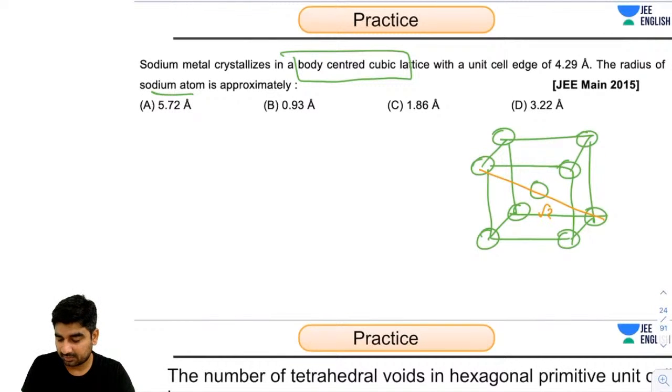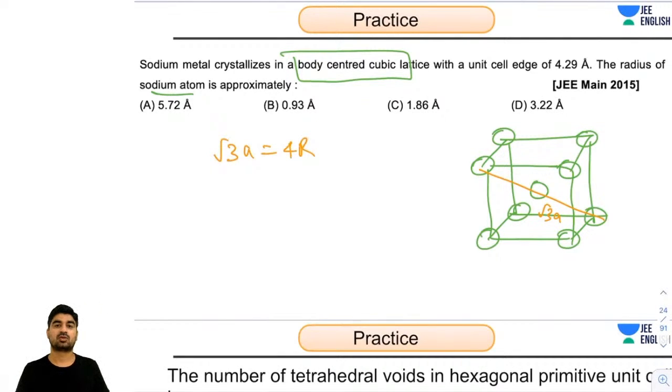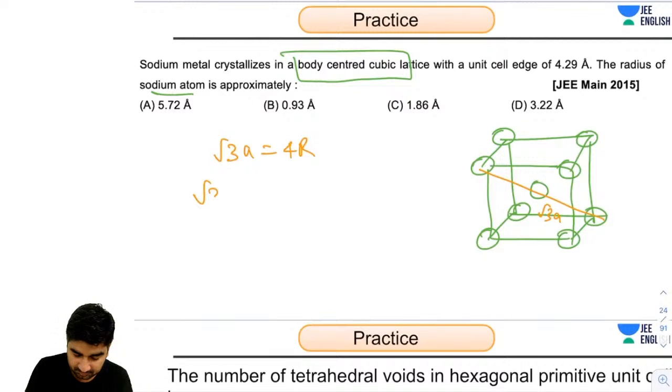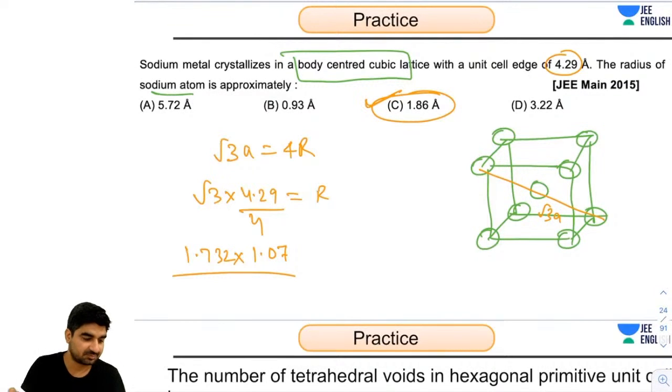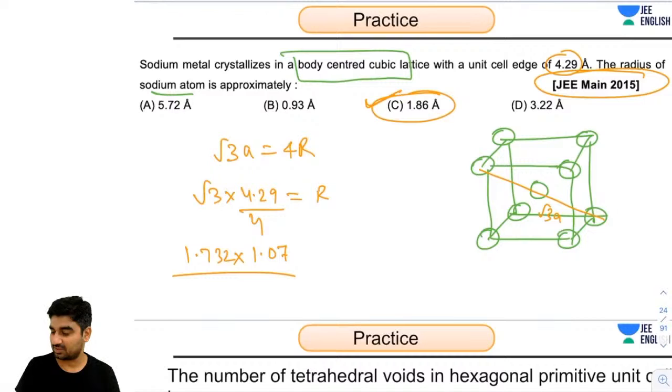This is root 3a. So root 3a is equal to 4r. So if a is given 4.29, multiply by 1.732 and divide by 4, which gives about 1.07 times... just multiply it, you will be getting this, C. So Matthews, your answer should be C. It should not be D. JEE Main 2015.